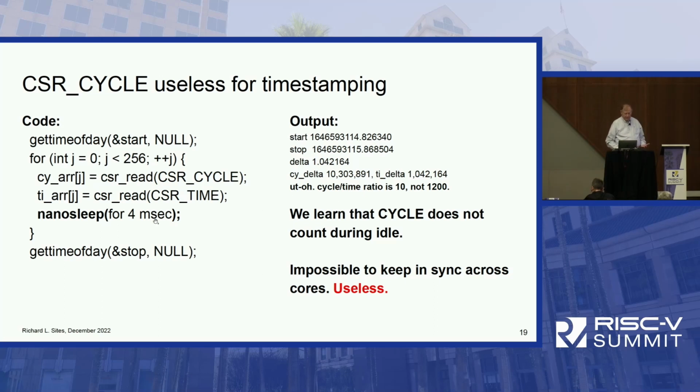So what I learned from this is during the nanosleep, the cycle counter doesn't count at all. So that means even if you got the cycle counters on 4 cores in sync, as soon as they waited different amounts of time, they'd be totally out of sync. So the cycle counter is useless for high precision tracing of exactly what's happening on each CPU core.